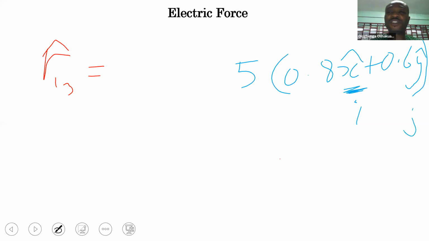So i, j, and if it's 3 dimensions, we say i, j, k. So i, j, and k only show us that they are pointing in the x, y, or z direction. So it's just convention to call them in terms of the unit vectors or in terms of the direction i, j, and k.